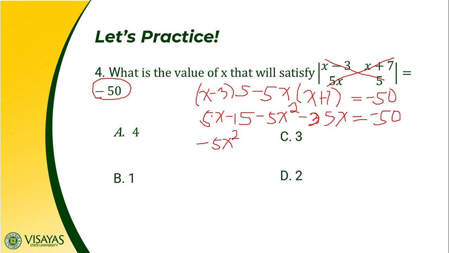So here, 5x minus 35x, that is equal to negative 30x. And this is equal to, so this negative 15 becomes positive 15. So positive 15 minus 50, that is equal to negative 35.